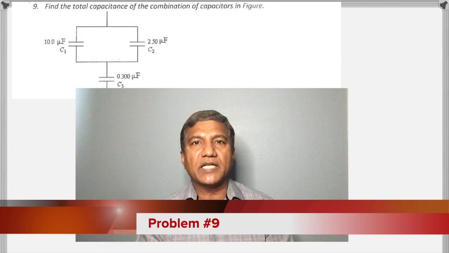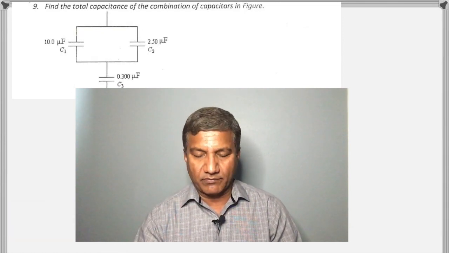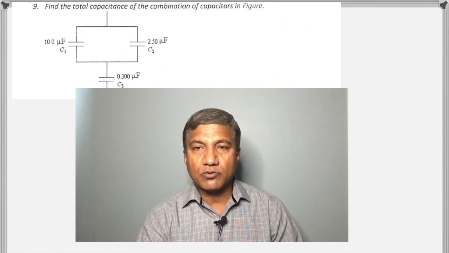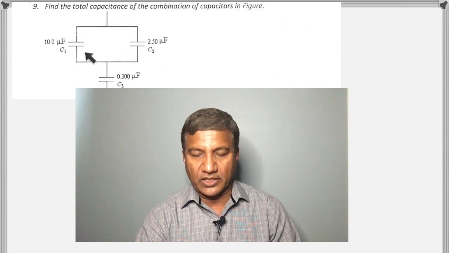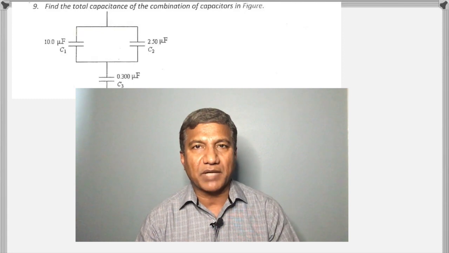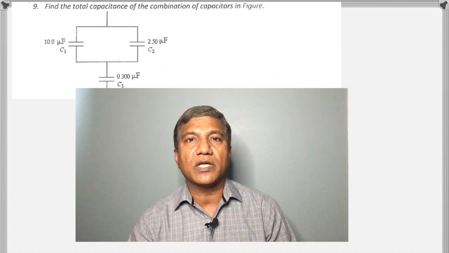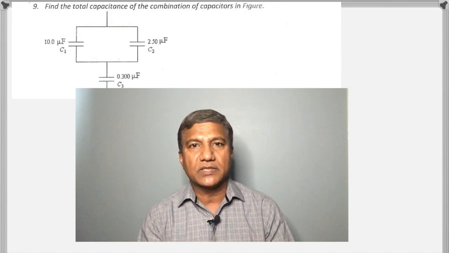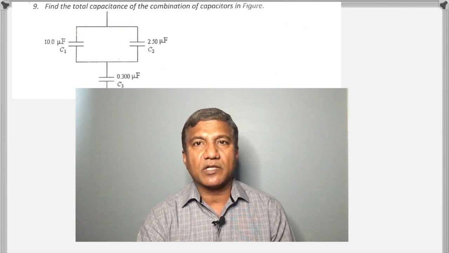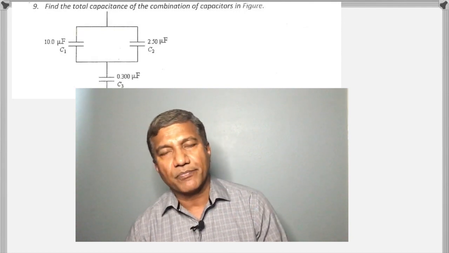There is a combination of capacitors, and you have to find the total capacitance. So when you look at this figure clearly, these two capacitors, 10 microfarad and 2.50 microfarad, are connected in parallel. And the third one, which is the 0.3 microfarad, is connected in series to that combination. So these two are in parallel, while the third one is in series.